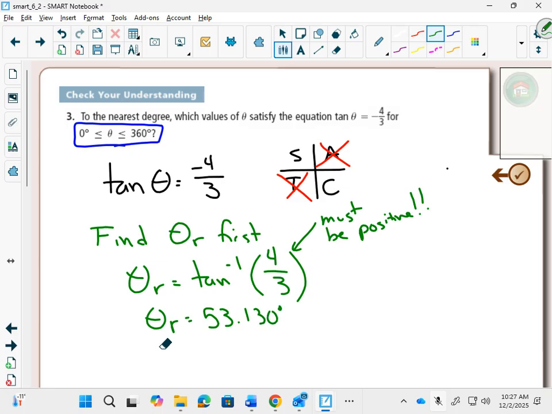Now, you had a really good question there. To further explain your question, I could take this reference angle and draw angles in all 4 quadrants. And that's 53, this is 53, this is 53, this is 53.